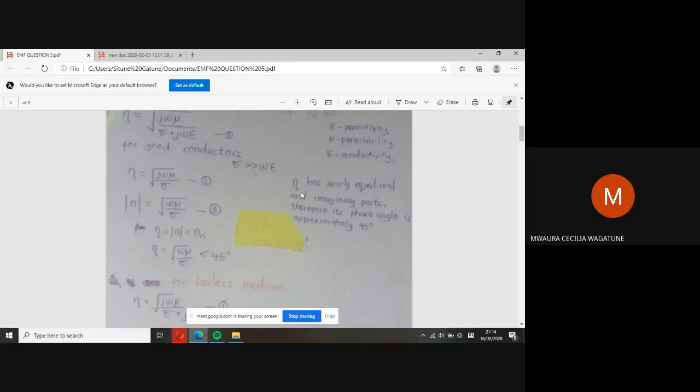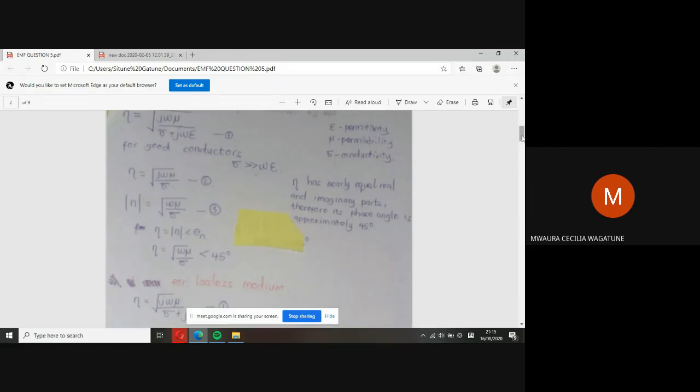We know intrinsic impedance has nearly equal real and imaginary parts. Therefore, its phase angle is approximately 45 degrees. That's why you can see here we are putting 45 degrees. So I hope you note the 4 formulas for the intrinsic impedance.